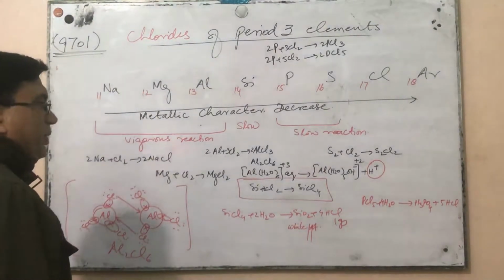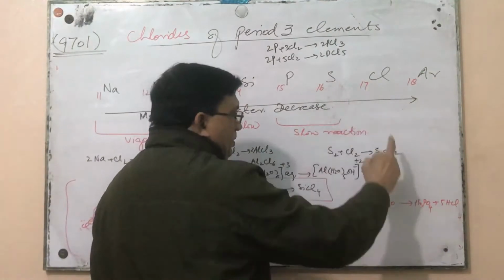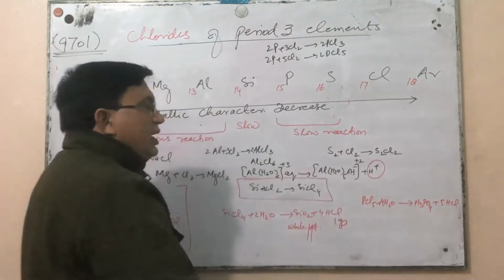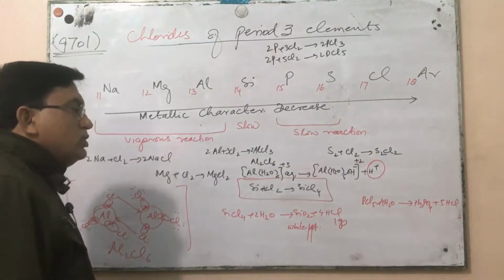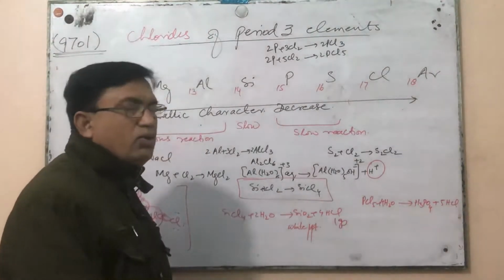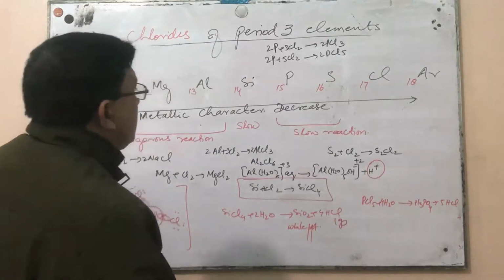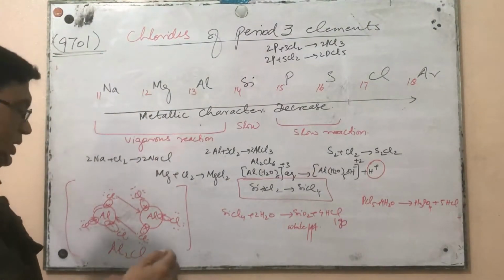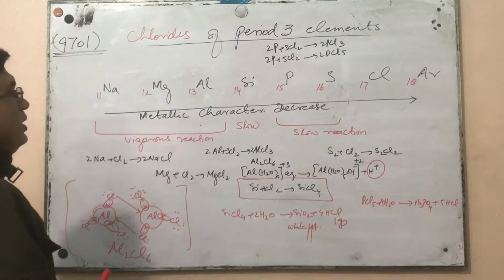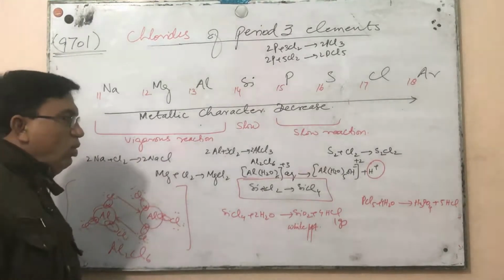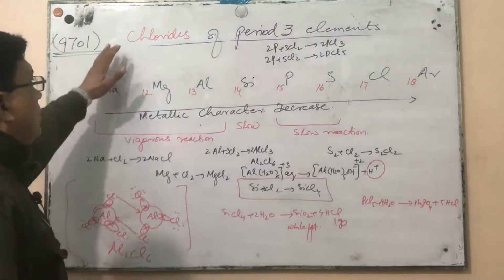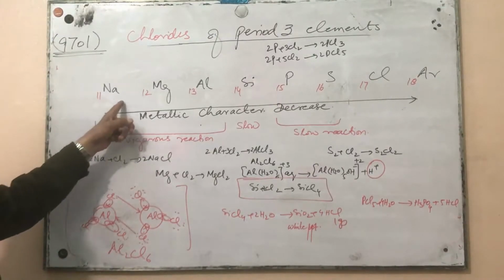Similarly, sulfur monochloride also reacts with water, decomposes and immediately produces hydrochloric acid and sulfur dioxide, due to which it also produces a very strong acidic solution. So in this manner, this is the overall character of the chlorides from left to right.